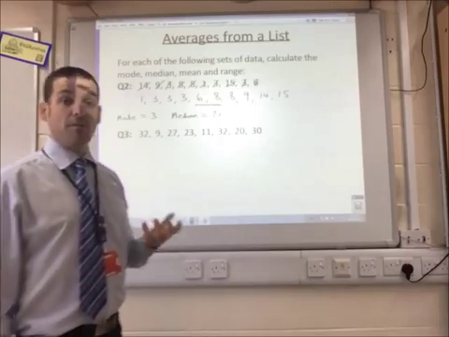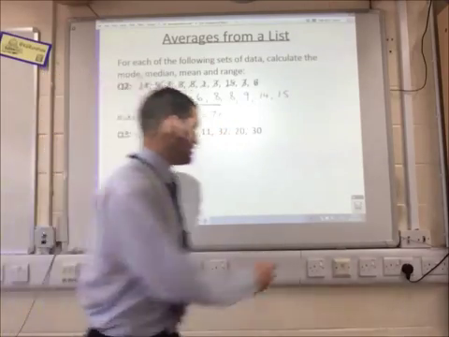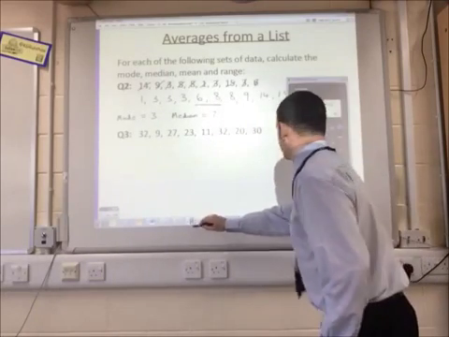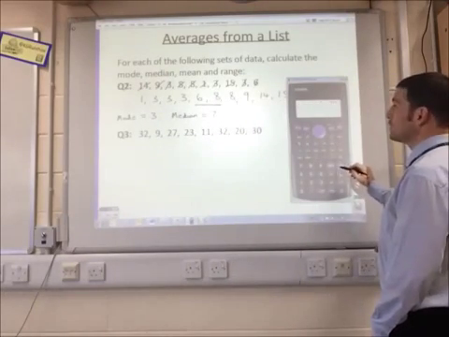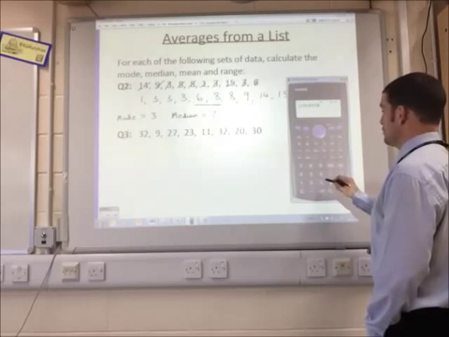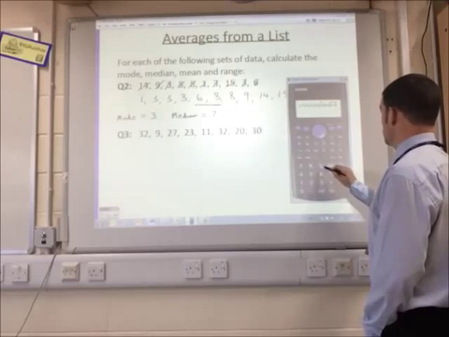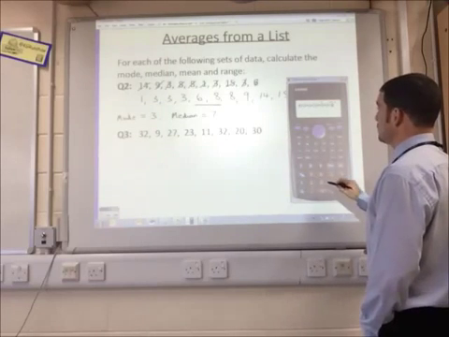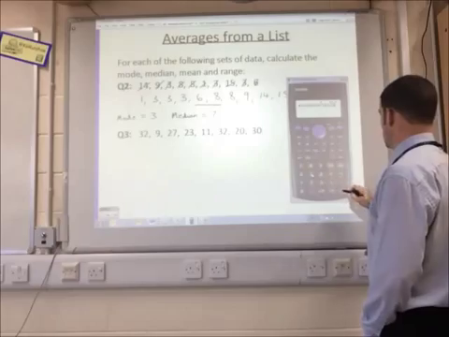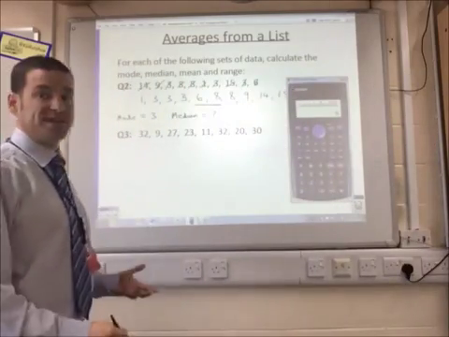Okay, now the mean. I know there are 10 values in the data, so I just need to add them up, divide by 10. Okay, so if I add the numbers together, I get a total of 70.